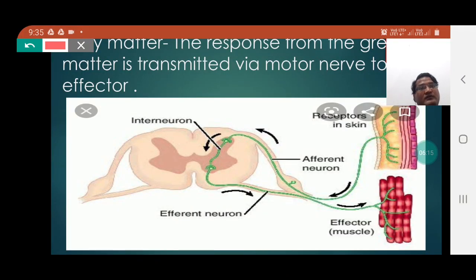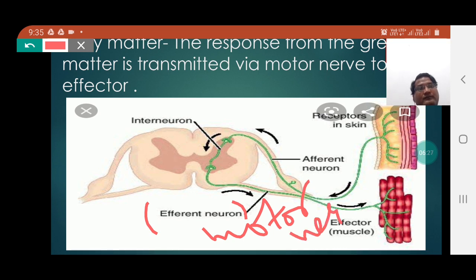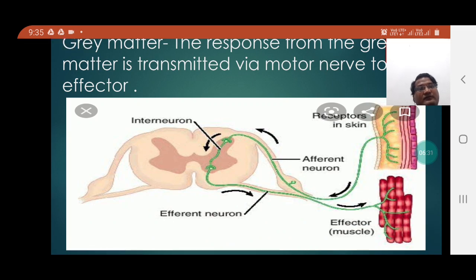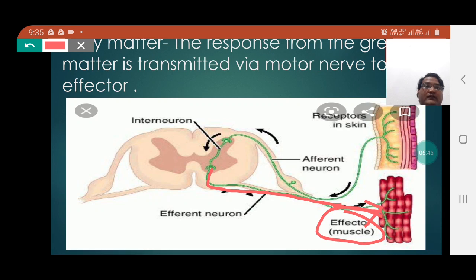The efferent nerve which you can see here is actually the motor nerve. This motor nerve carries the response to the muscles, that is the effector.